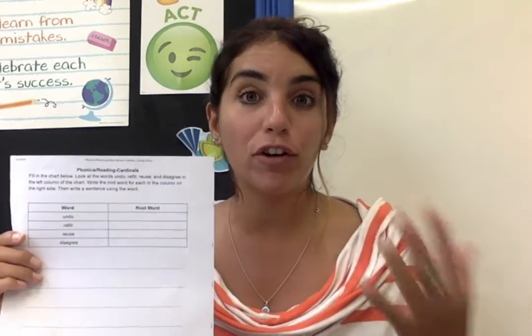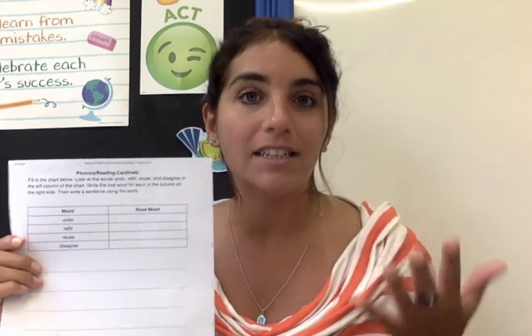Okay? So the next thing that we need to do is read the second part of our directions, which is write the root word for each in the column on the right side. So on this side, we need to figure out the root word. So we first need to understand what is a root word. Okay?